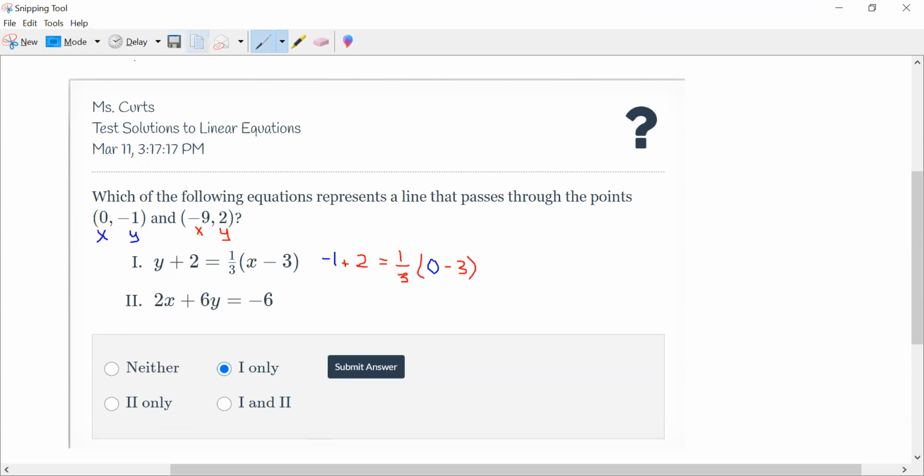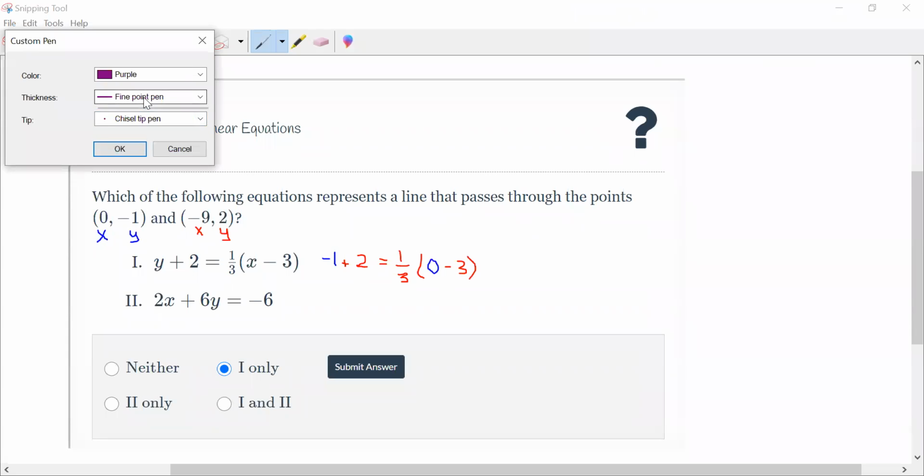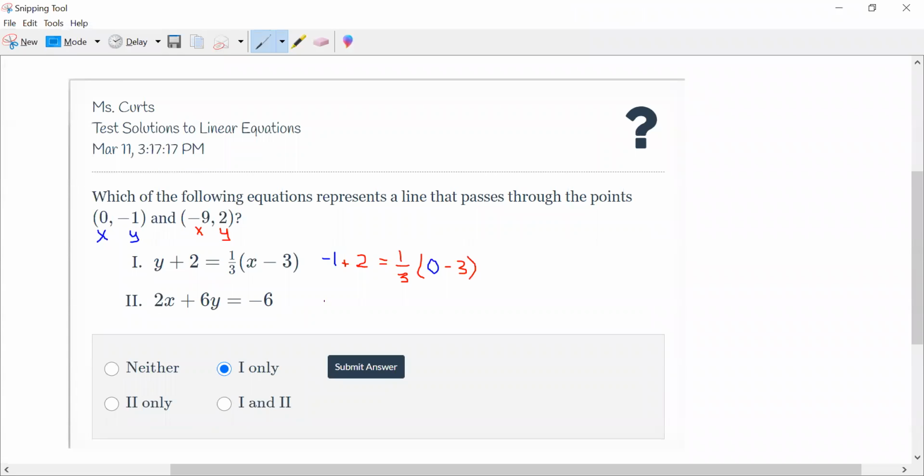Okay, so here's what I have. It's the same thing, but I am writing on it now. So, -1 plus 2 is 1.